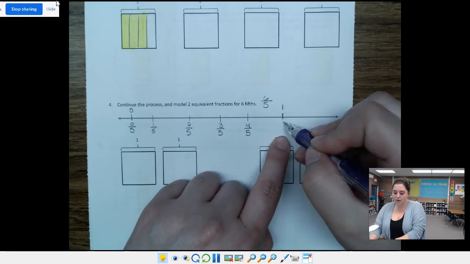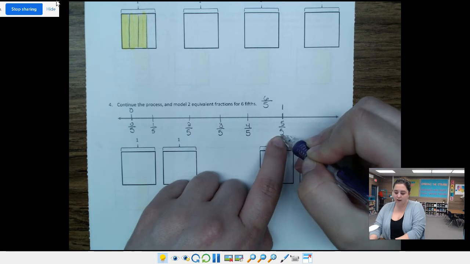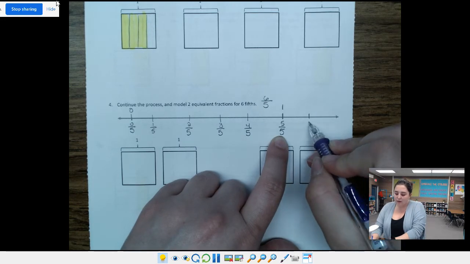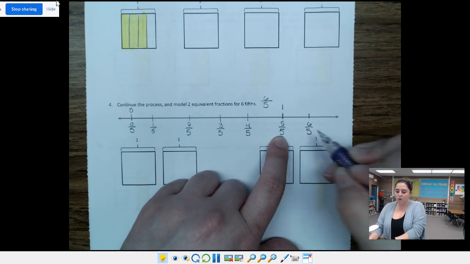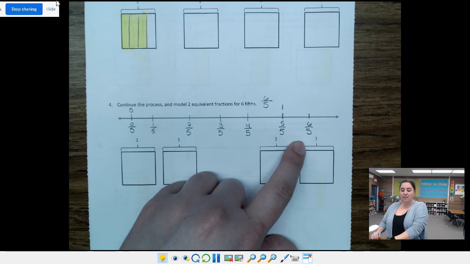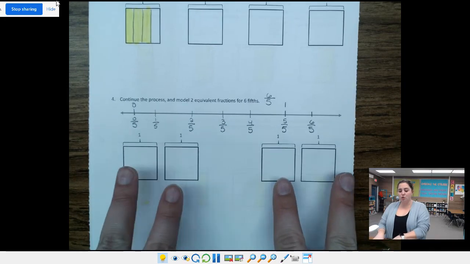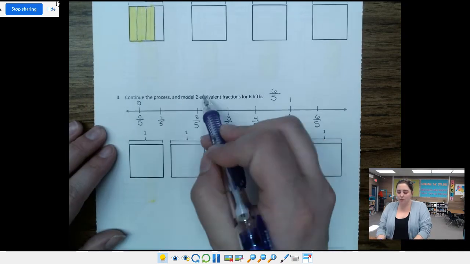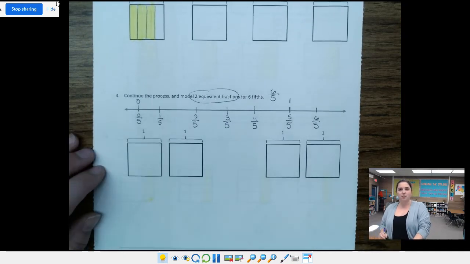And look, the 1, I've driven 5 out of 5 pieces. This one's kind of interesting because 6/5 means we'd be going past 1. 6/5 is more than 1, which is why they're giving us 2 boxes here, or sorry, 4 boxes, but they're only saying we can make 2 equivalent fractions.